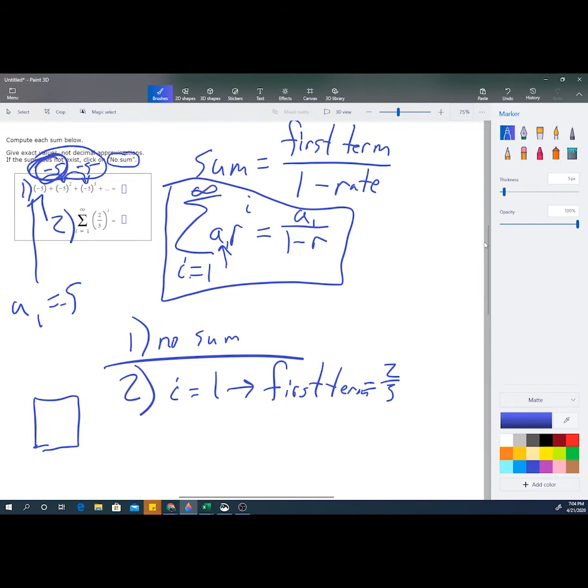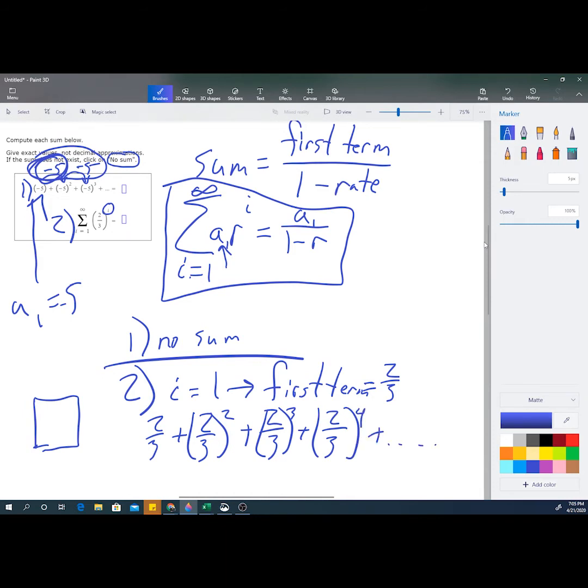And if I list out my numbers, I get 2/3 as my first term, and then because of this right here, my second term would look like this. My third term would look like this, and so on and so forth.